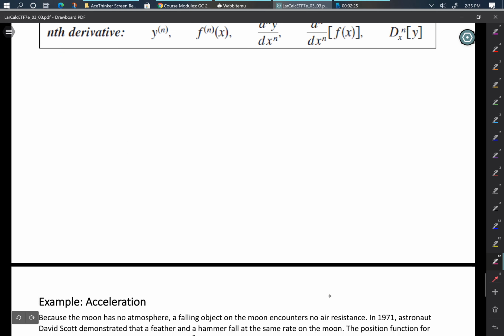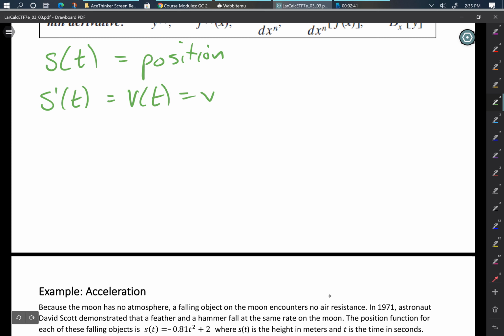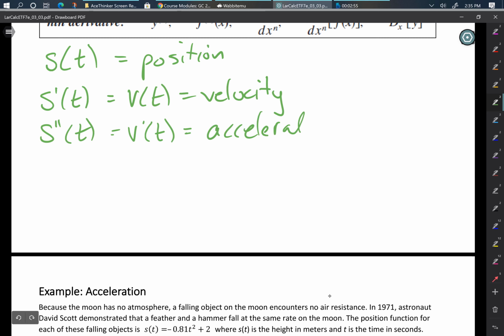So here's how it goes. You start with position. And then the derivative of position, the first derivative of position, is velocity. And then the second derivative of position, which is the derivative of velocity, is acceleration.